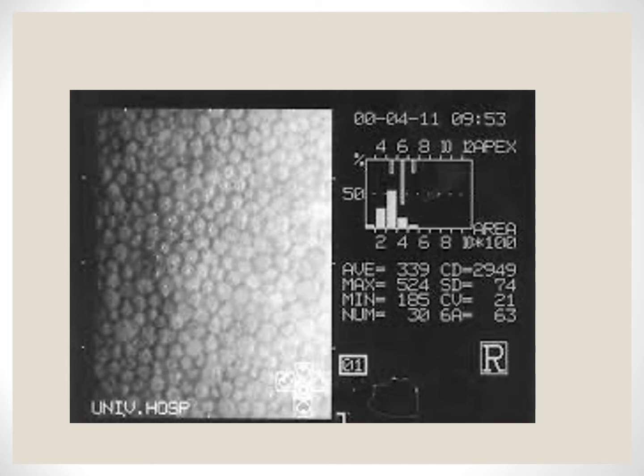This coefficient of variation should not exceed 30%, and also the percentage of hexagonality of the cells should always exceed 50%. Below 50%, this means that we have a low percentage of the endothelial cells in a hexagonal shape. And accordingly, we can interpret the different printouts of the endothelial cell count.